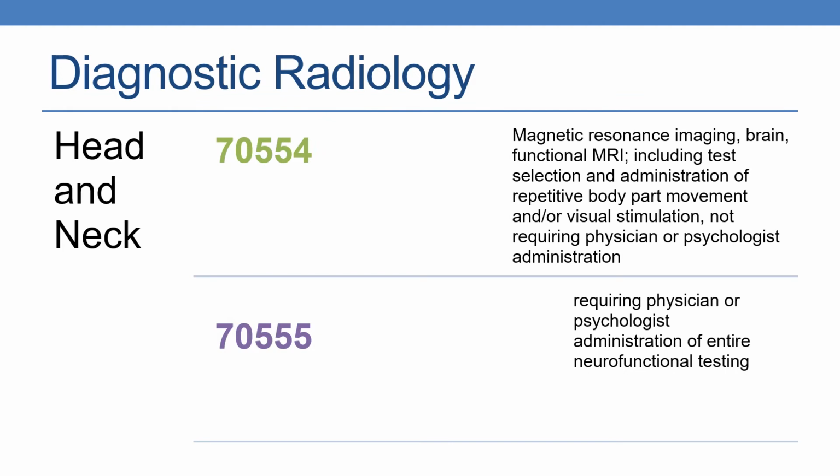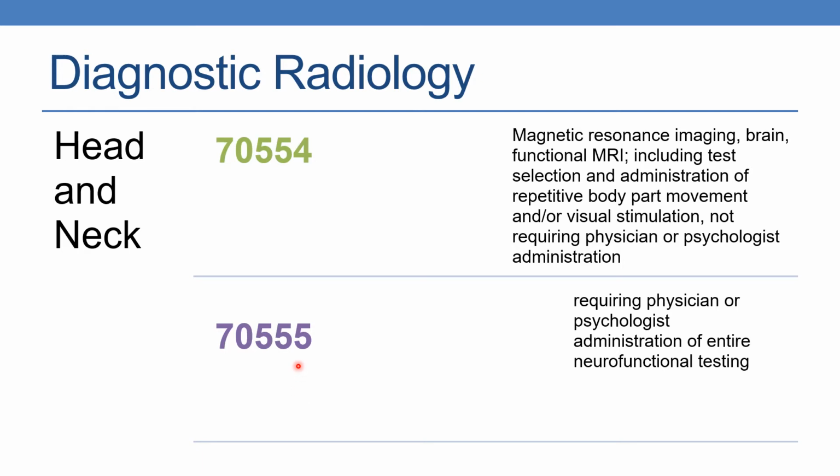The next is 70554, MRI, brain, functional MRI, including test selection and administration of repetitive body part movements and or visual stimulation, not requiring physician or psychologist administration. 70554 is nothing but functional MRI of brain.